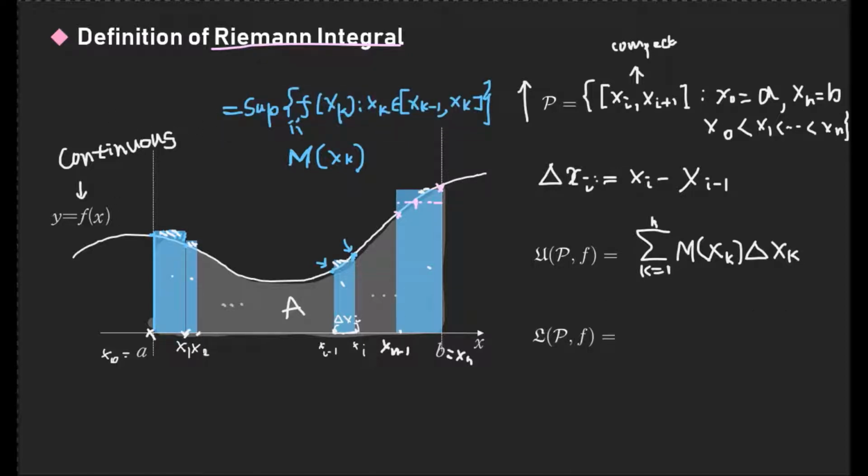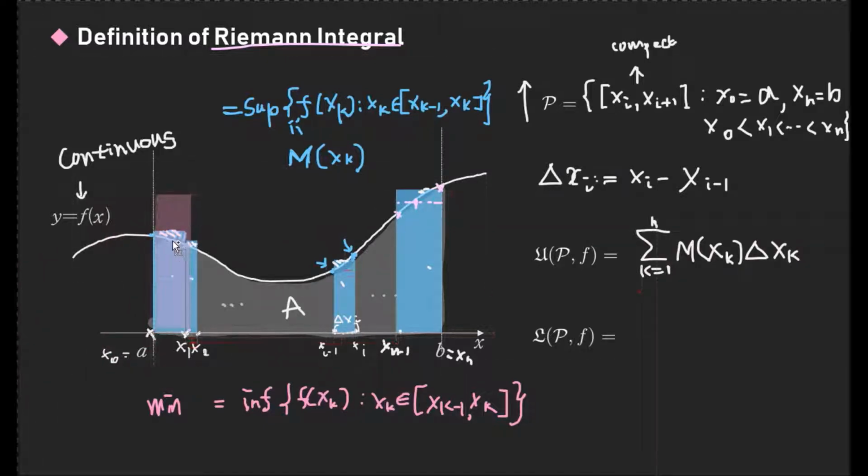In the case of the upper sum, take the supremum value. For the lower sum, take the infimum value of f(x) where x is contained in [x_{k-1}, x_k]. Of course, if the function is continuous, the infimum is the same as the minimum value. But as I said, it is a technical matter; we define the lower sum with the infimum.